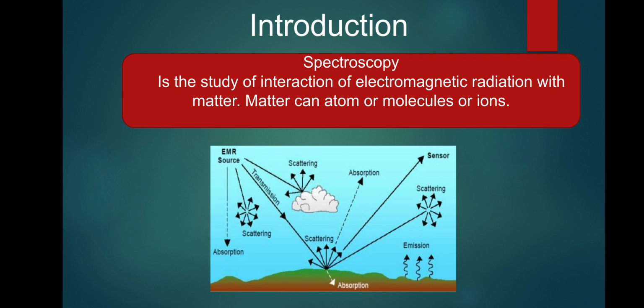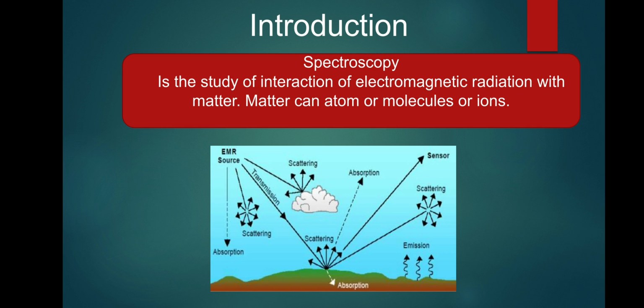Spectroscopy. Imagine you are in a room where there is very dim light, and someone comes and shines a lamp or a torch on your face. What happens? You will react or respond. You will say something, and you will close your eyes quickly.